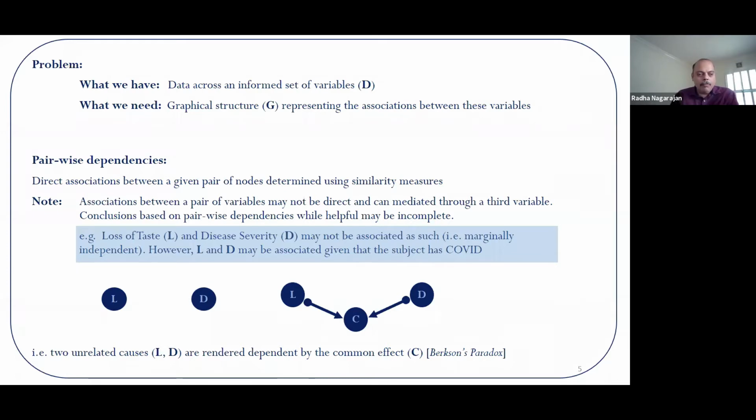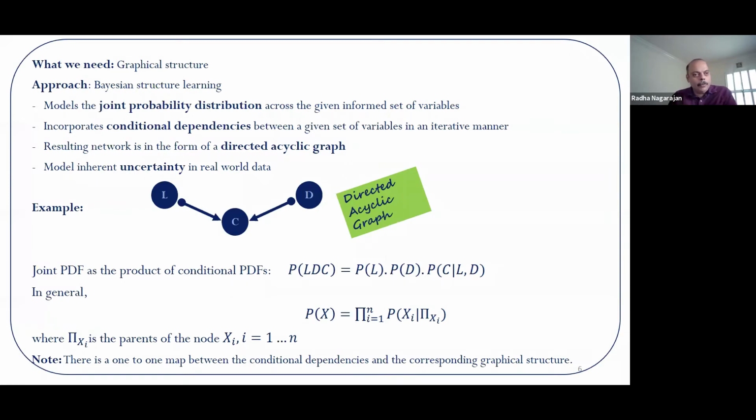A simple example is shown at the bottom, where we have loss of taste and disease severity. As such, these are marginally independent events, but they may be related when we condition them on the fact that the subject is COVID positive. Again, there are several approaches that have been proposed in literature to decipher these graphical abstractions.